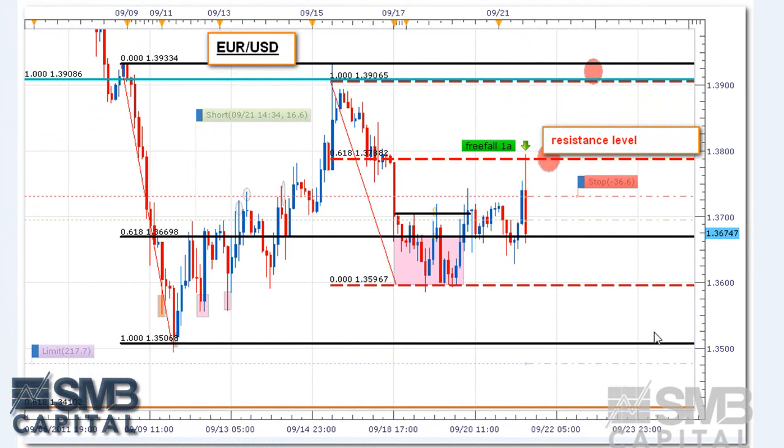Also, how we were able to get targets out of long trades by using resistance levels as targets. Also, correlations, as we talked about in our previous video, are elements that are very important when trading Forex with SMB.